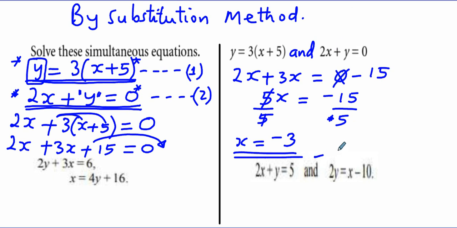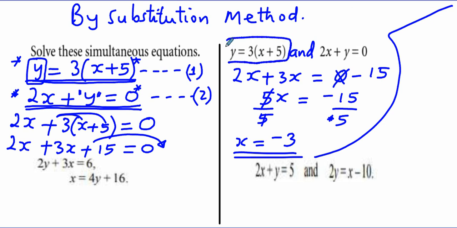Okay, so how do we find the value of y? The value of y comes from here. Can you see this equation here? Equation number 1. y equals 3 open brackets x plus 5. Okay, so now y will be equal to 3, but now I know the value of x, so in place of x I'm going to write negative 3 plus 5.